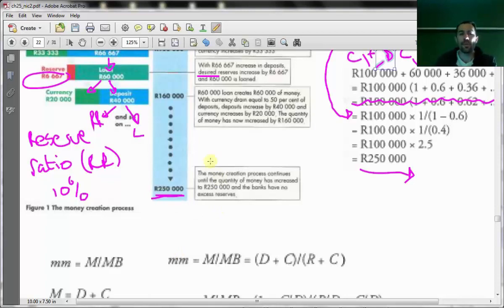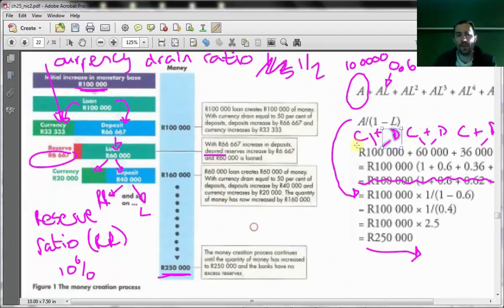Now, you can see this geometric sequence limits the amount of money that can be created, okay? And there are two things that prevent the total loan amount being lent out again: the currency drain ratio and the required reserve ratio.